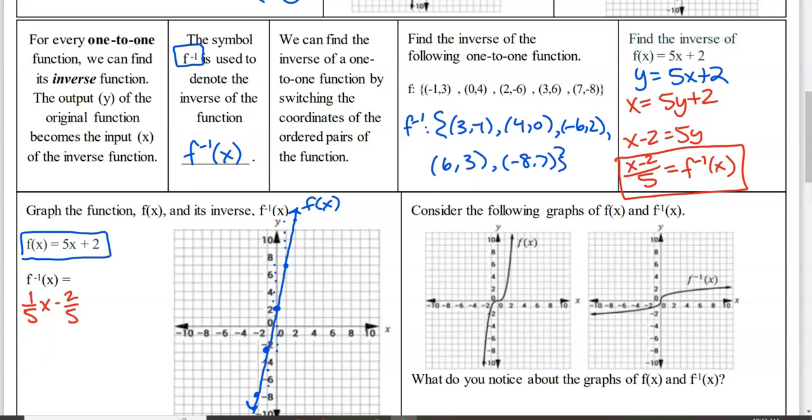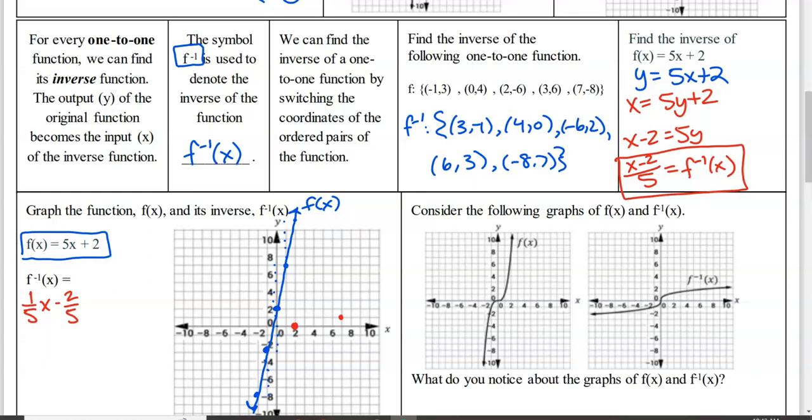But that's okay, because I can take my points and I can switch their x, y values. This was the point 0, 2. So what's going to be the inverse of that? 2, 0. This looks like the point 1, 7. So what's the inverse of that? 7, 1. What is this guy? -1, -3, right?